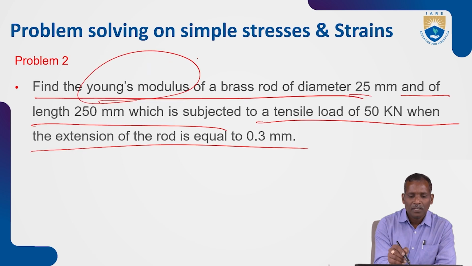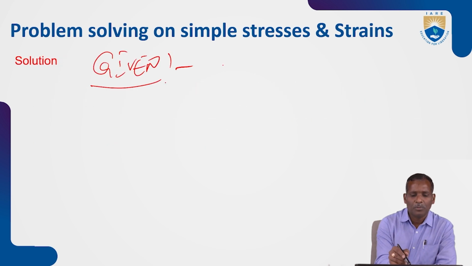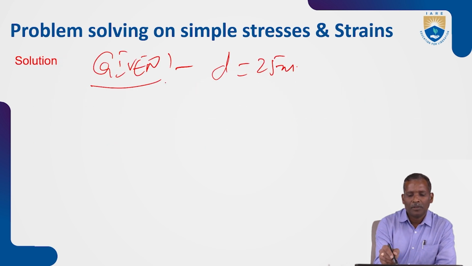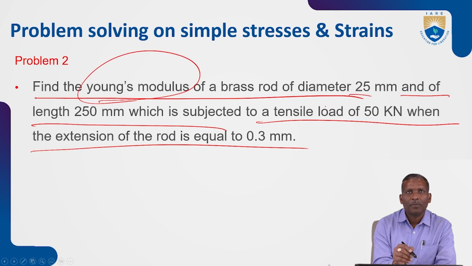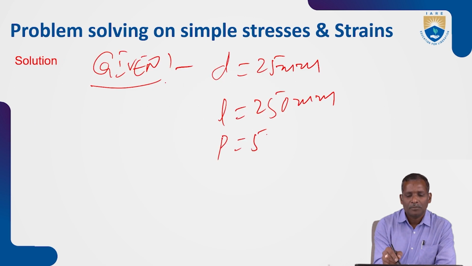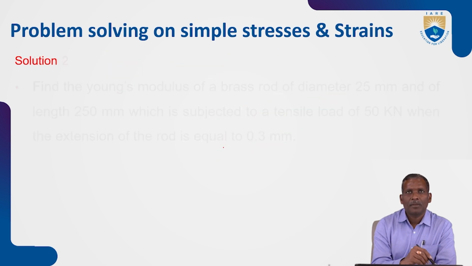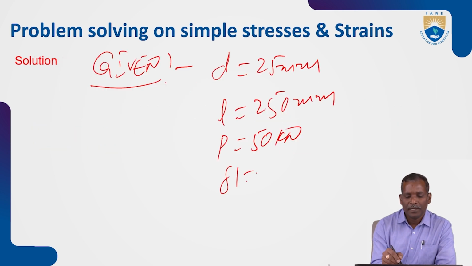Diameter of the rod is 25 mm, directly given in mm. Length is 250 mm. Subject to a tensile load of 50 kilonewtons, and the extension of the rod is 0.3 mm, delta L, the change in length.